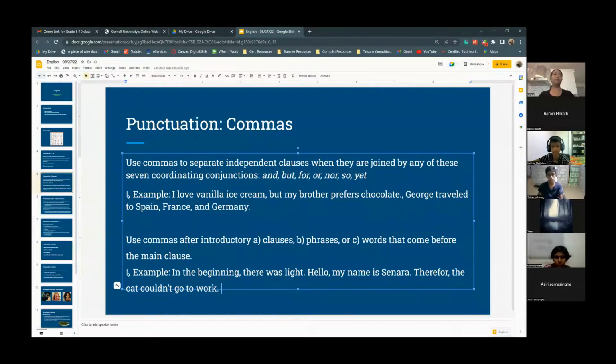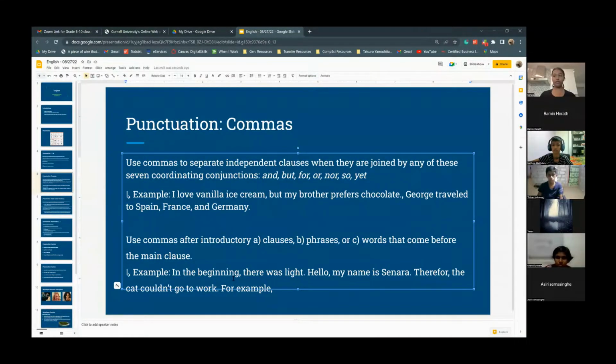It could also be words like for example. Therefore and for example would still be considered introductory, since they are words that precede a sentence but tell you the general idea of the sentence.